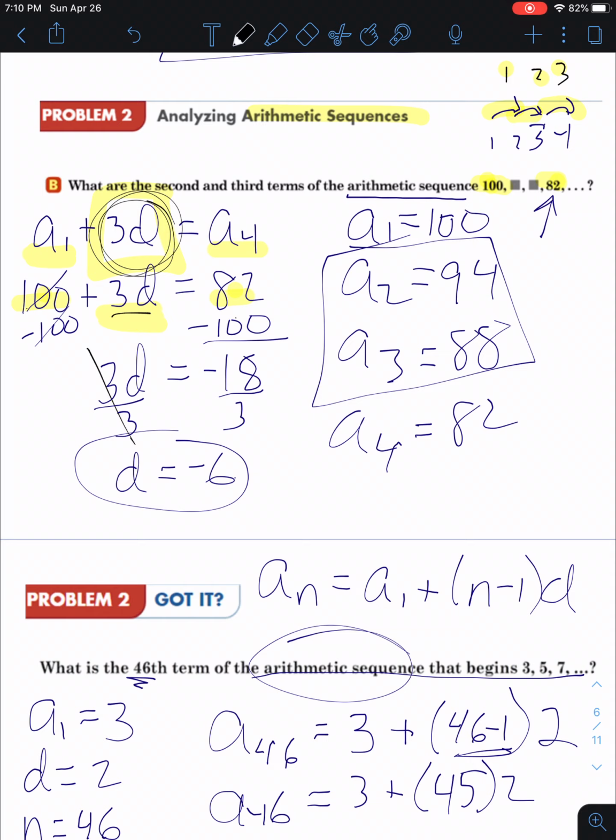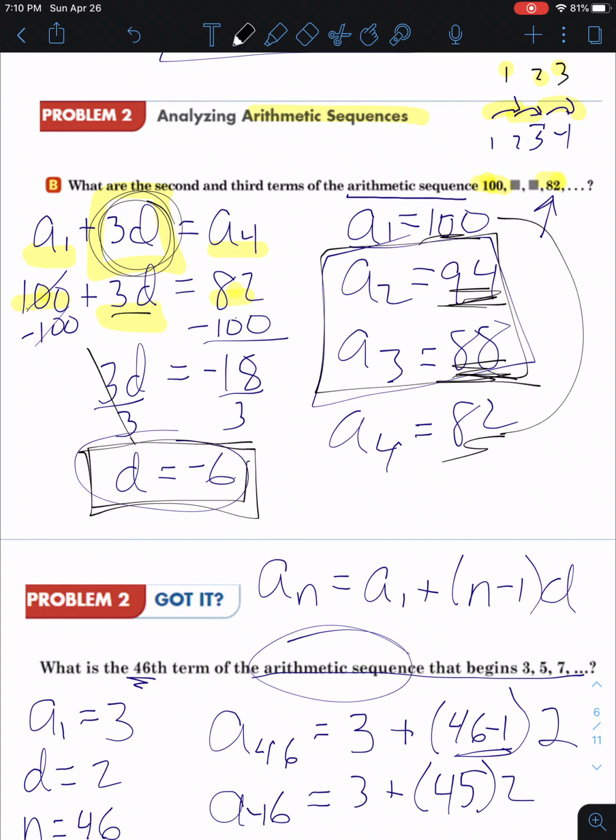Divide out that 3, and you get D is negative 6. If the common difference is negative 6, each term progresses negative 6, and that's how we got this line up here to be 94, 88, 82. These were the 2 that you were looking for. So your answer is A2 is 94 and A3 is 88.